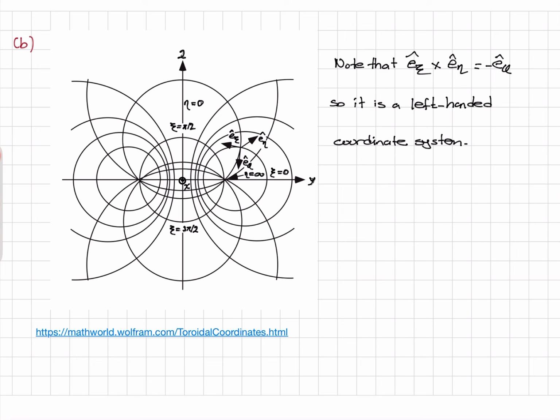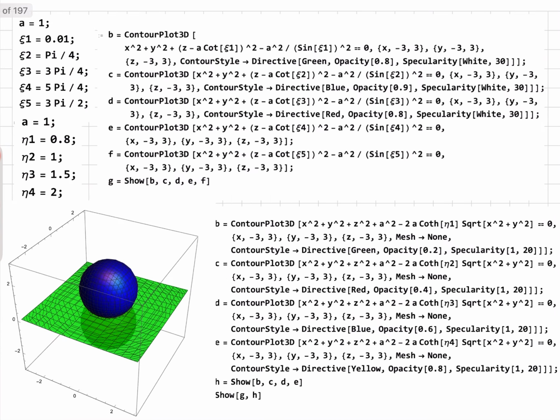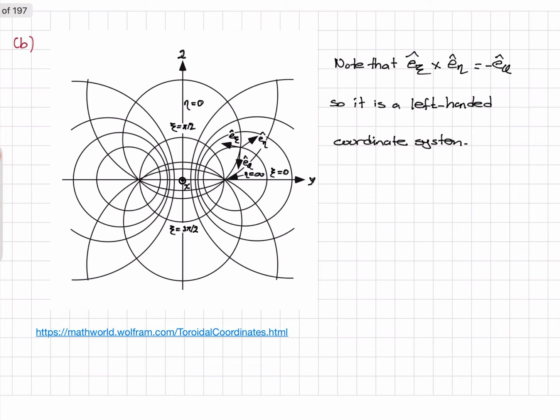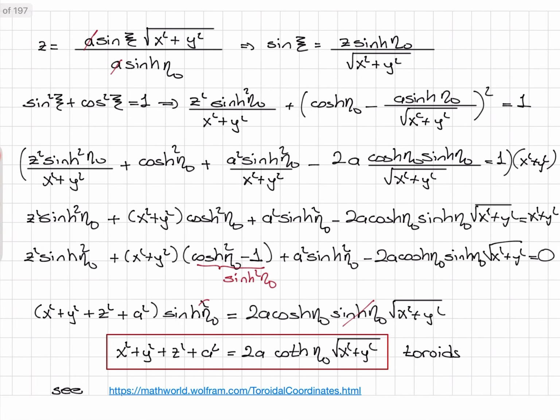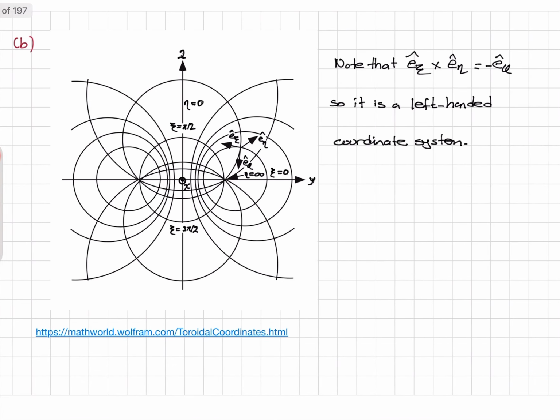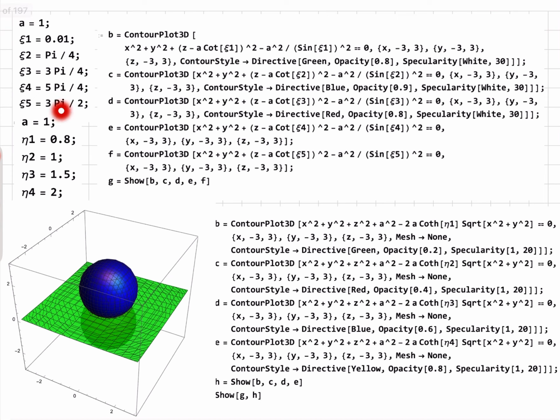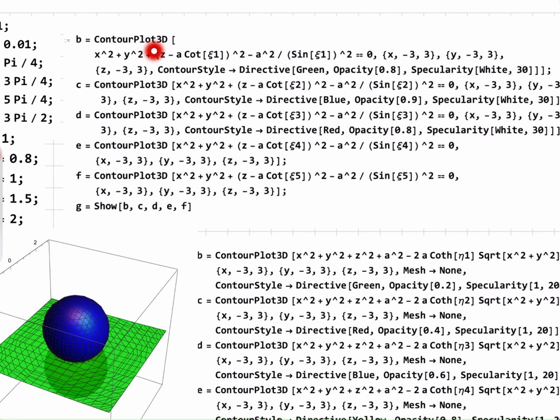Now, to make things clearer, I have set A equal to 1, and I have listed a set of values for psi and a set of values for eta. You can see here, using this 3D contour plot, we can plot the constant psi and constant eta surfaces.